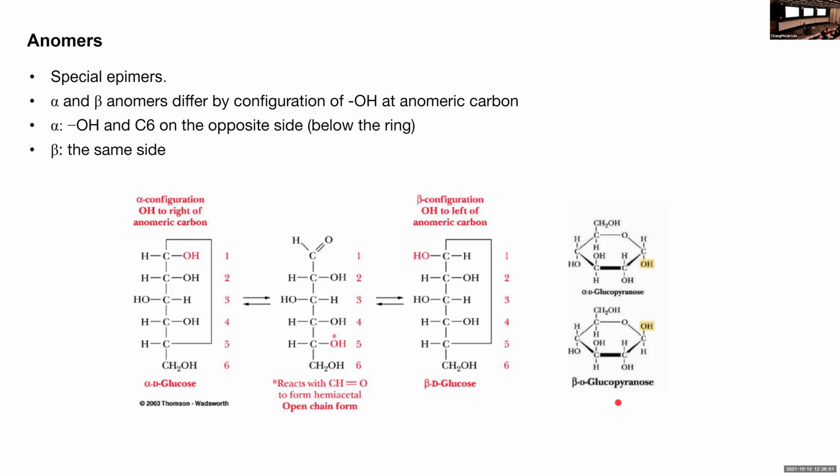You can't change the orientation of the exocyclic portion, but you can change the orientation of a hydroxyl group by going back to the linear form and to the other anomeric form. Yes.